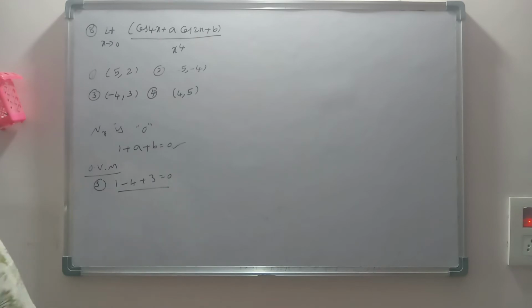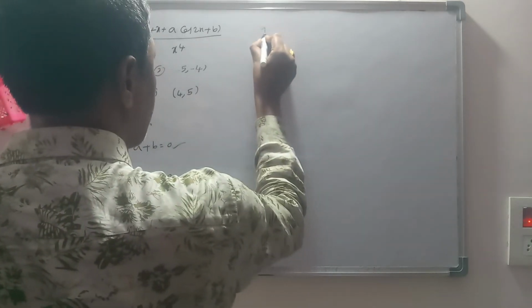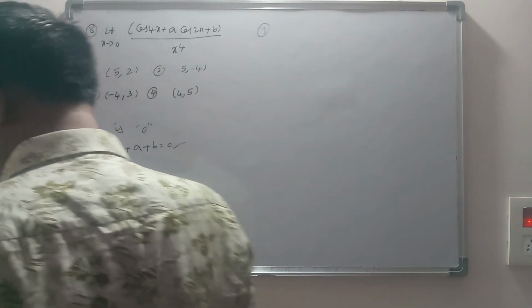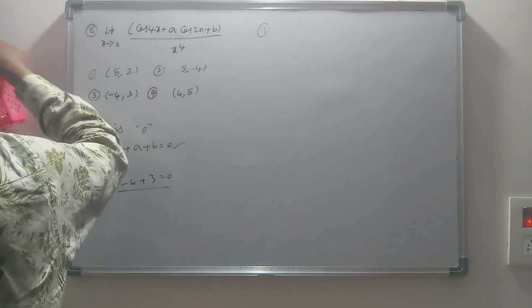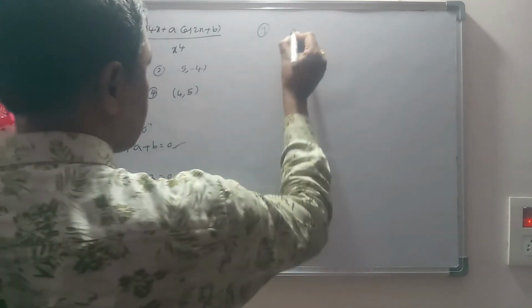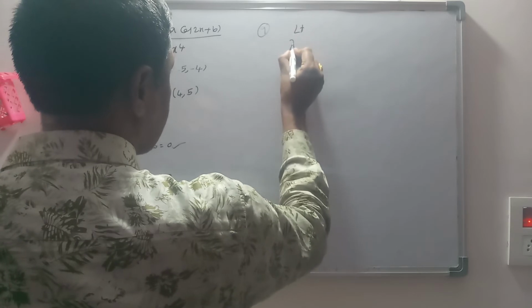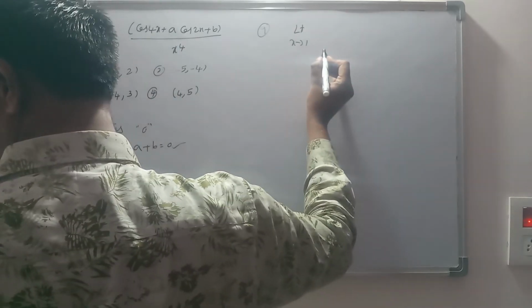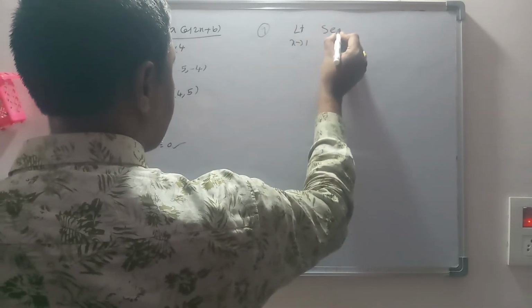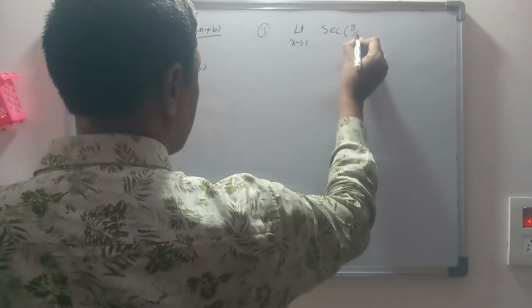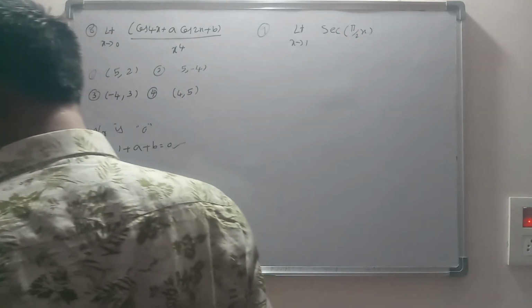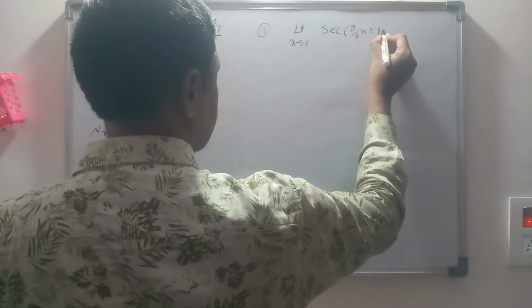Next one. Ninth one. Limit x tends to 1, secant of pi by 2 into x, into log x.